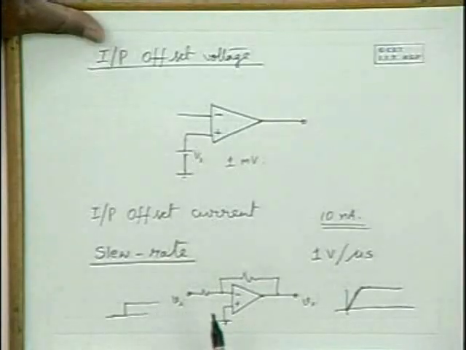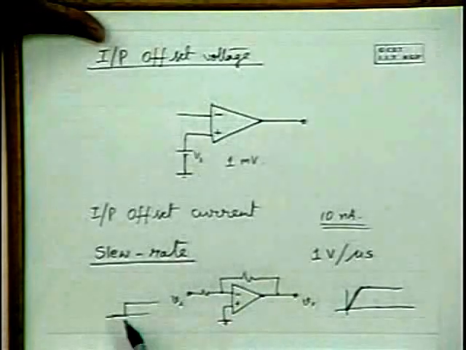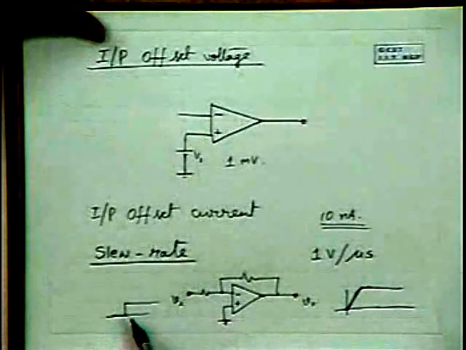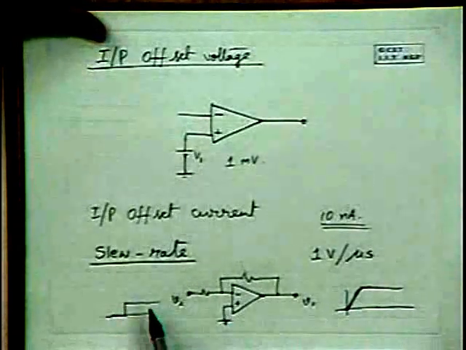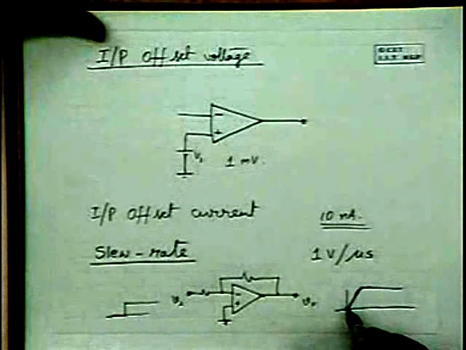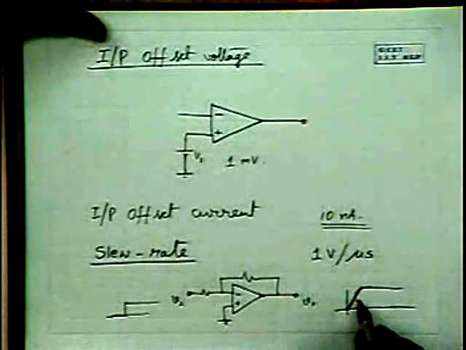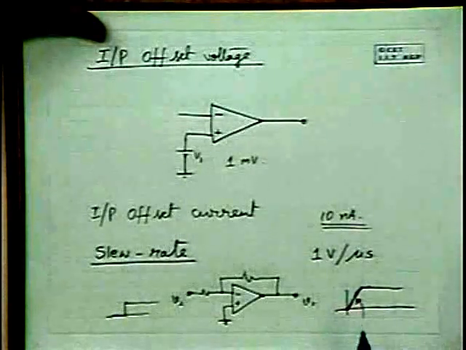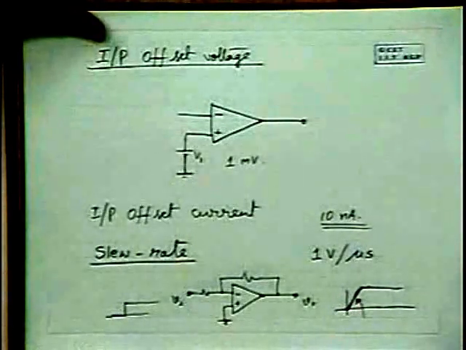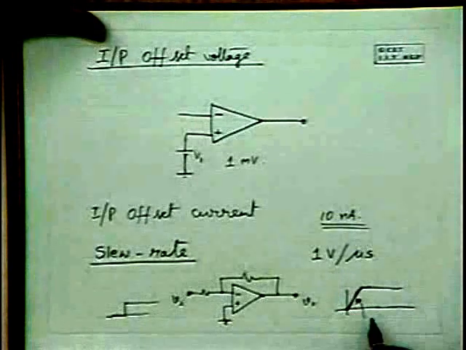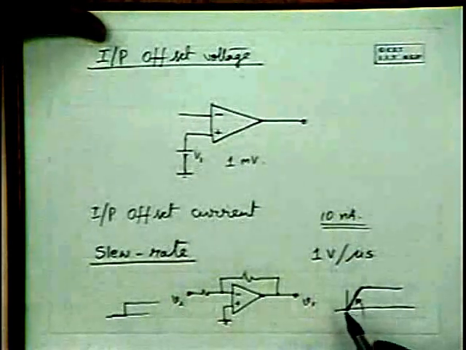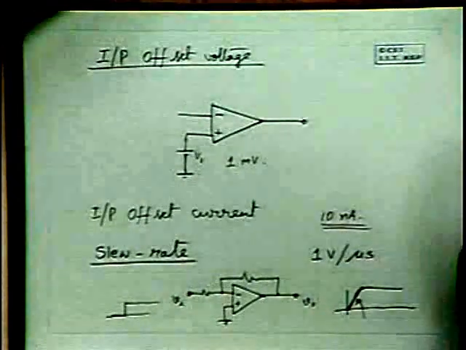But because the bandwidth is fixed and the amplifier responds slowly, or to a lesser extent, for high frequencies, the output rises slowly. The rate at which the output can rise for a step input is known as slew rate. It is of the order of 1 volt per microsecond.